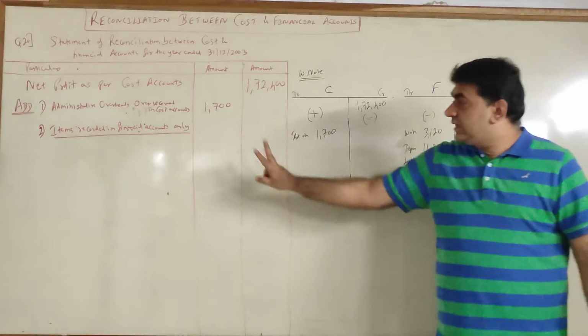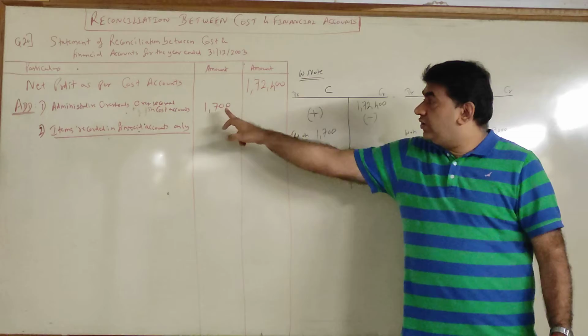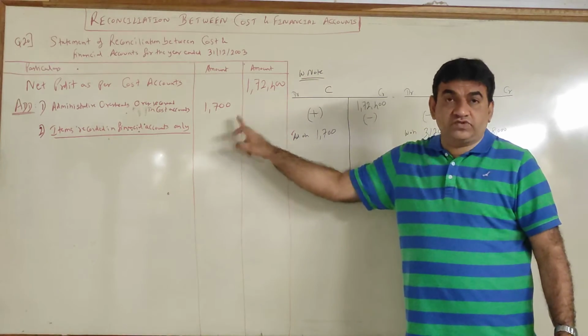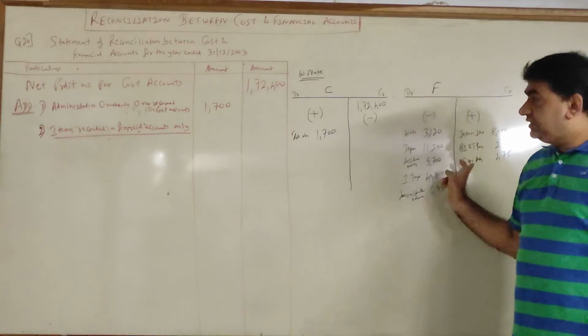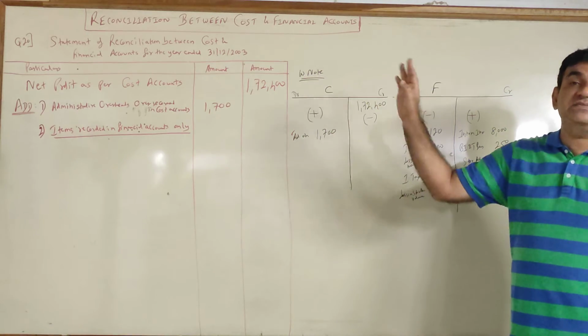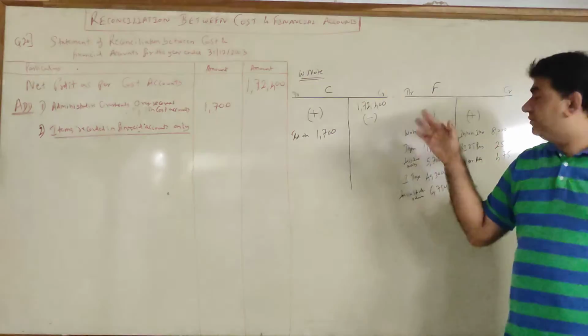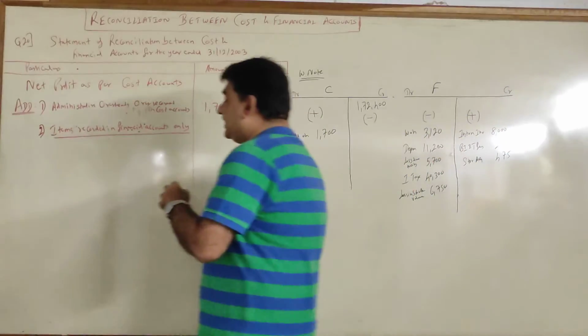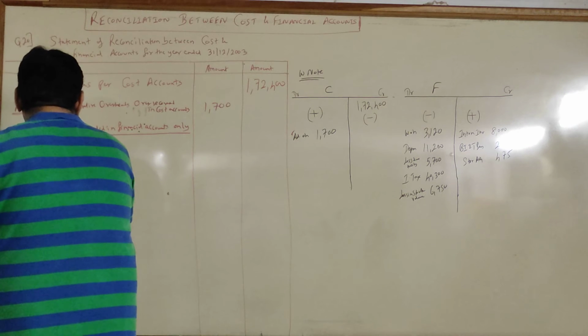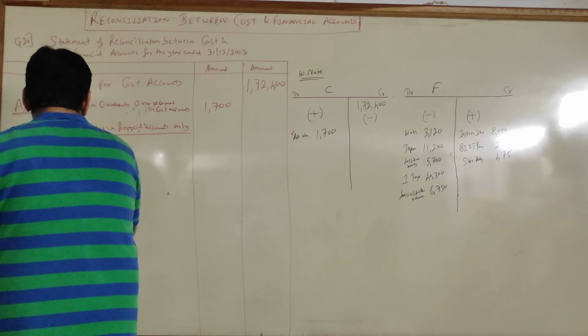Now see, there are two columns and already one amount is there in the first column. So all three amounts, we will put as a presentation in the inner column. Let's take one by one. First, interest on investments.